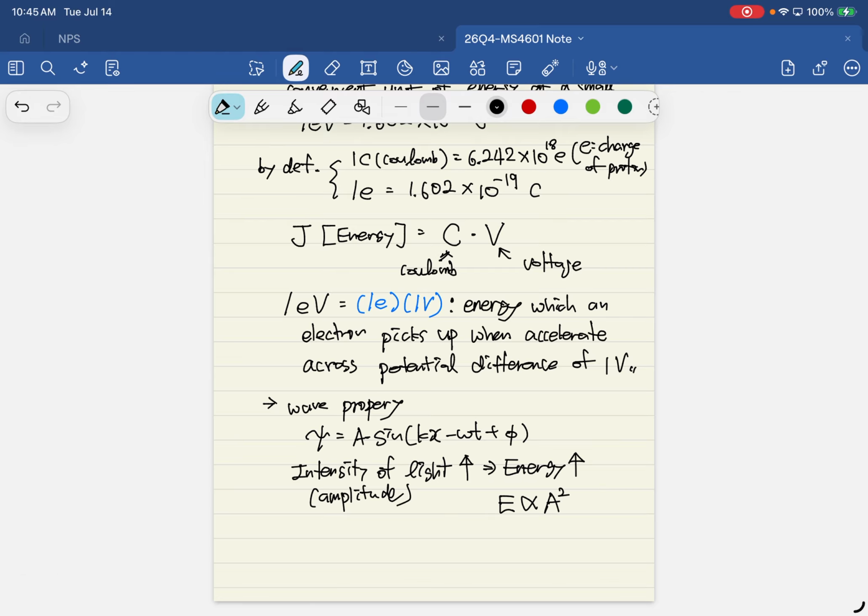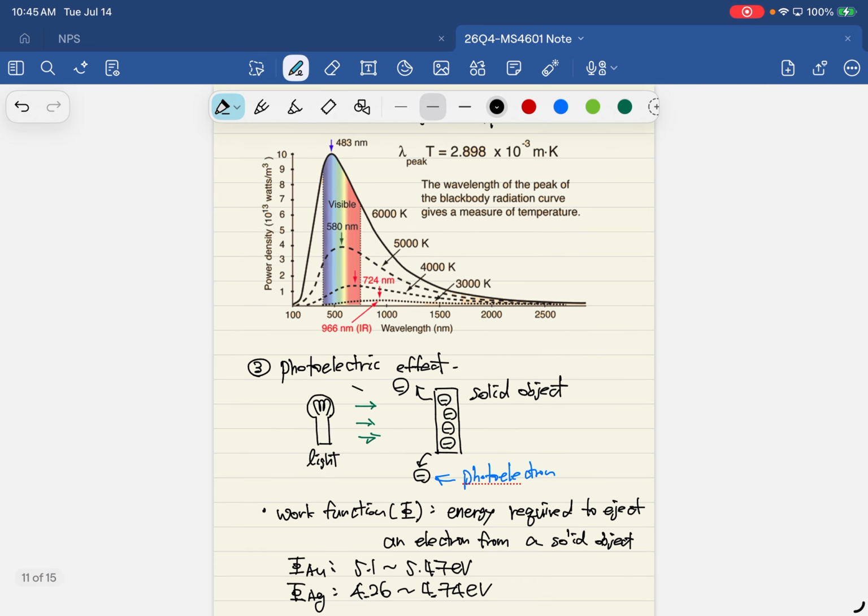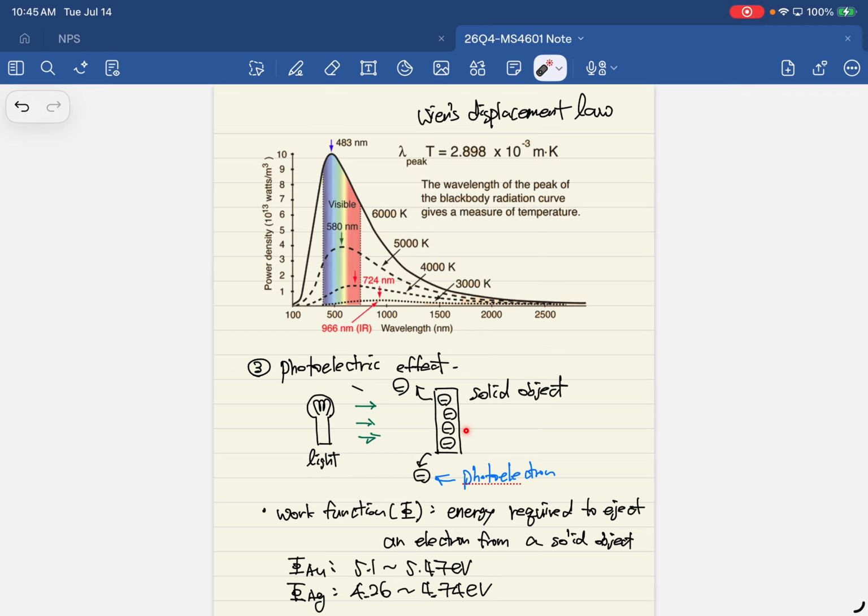But experiments showed very interesting results. They wanted to eject photoelectrons by increasing the amount of incoming energy, because the incoming energy has to exceed the work function.